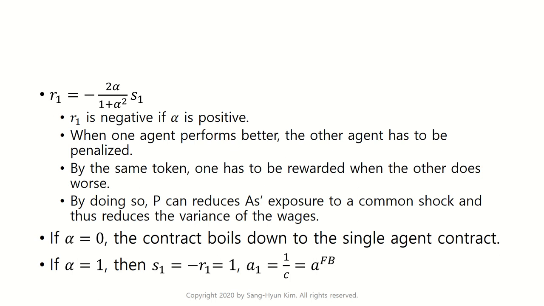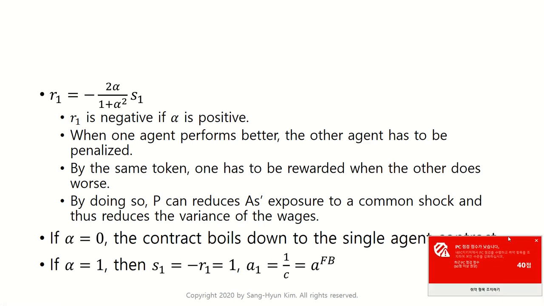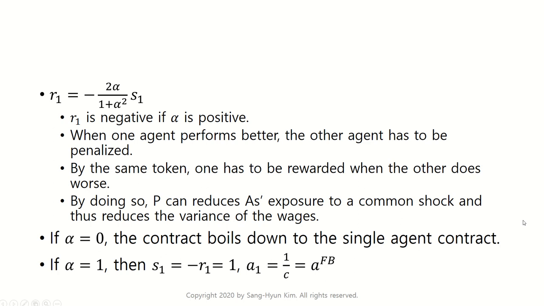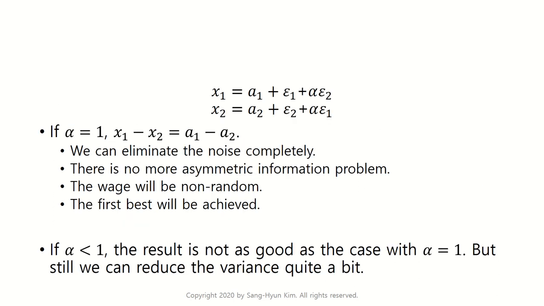When alpha is 1, S1 is 1 and R1 is minus 1. That means wage is T1 plus X1 minus X2. What is X1 minus X2? X1 minus X2 is just A1 minus A2. There is no epsilon. So the wage is non-random.